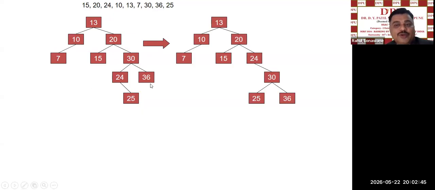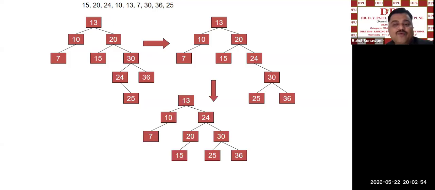After performing that double rotation, we can see that the tree is still unbalanced. Then by performing a single left rotation, now my tree is balanced. 24 will become the parent and 20 is now the left child, 15 is the left child as it is. The rest of the things are kept similar.